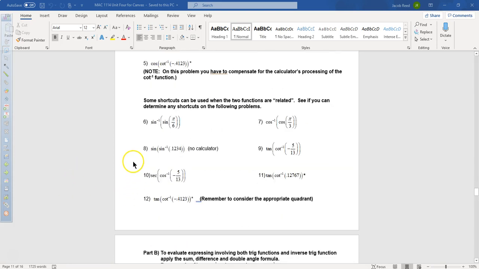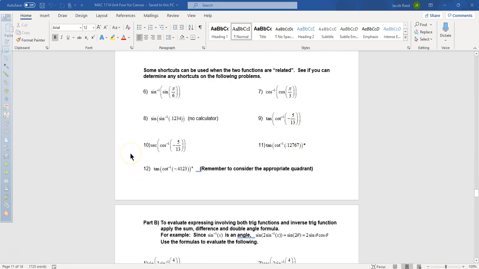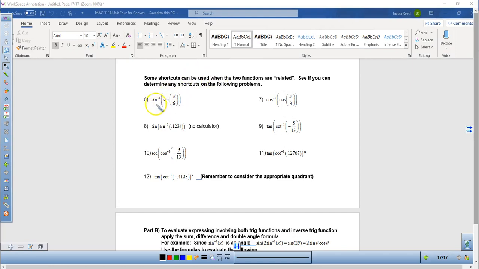Looking down here, sometimes you can perform some shortcuts. For instance, with number 6, if I take the inverse of the original function, they cancel off, leaving me with just the angle. Because what are we really doing? If I found sine of pi over 6, that gives me some side measurement, and then I do the inverse of that side measurement, it's going to pop me back to the angle.